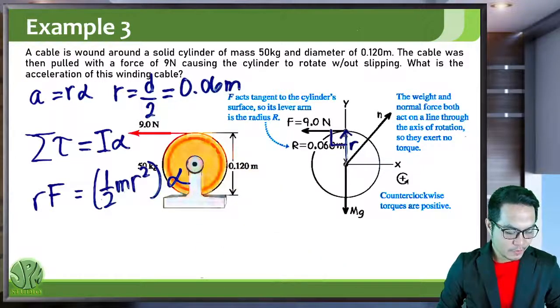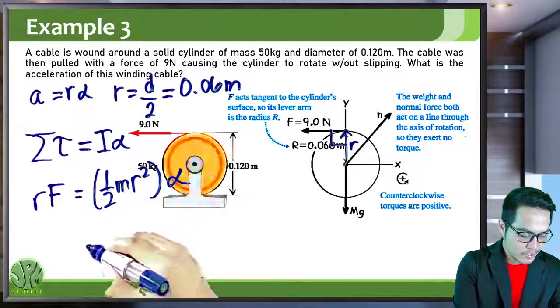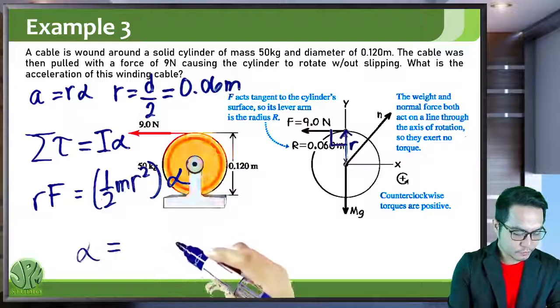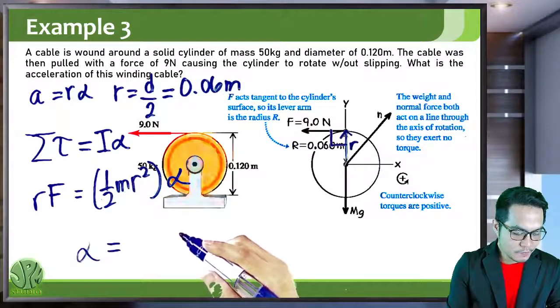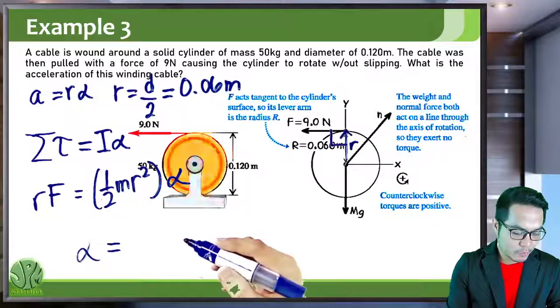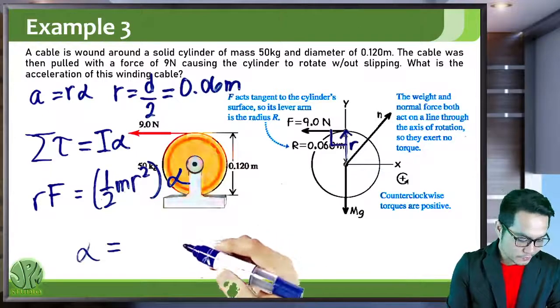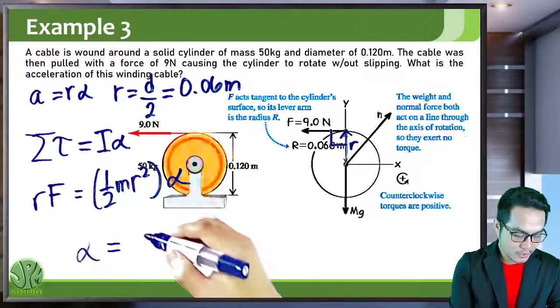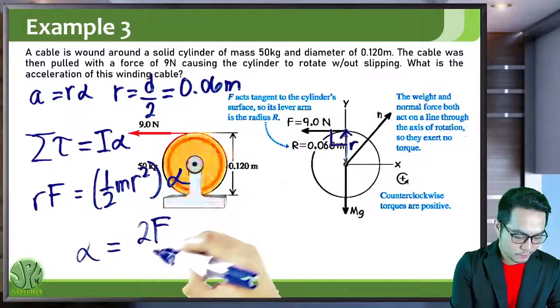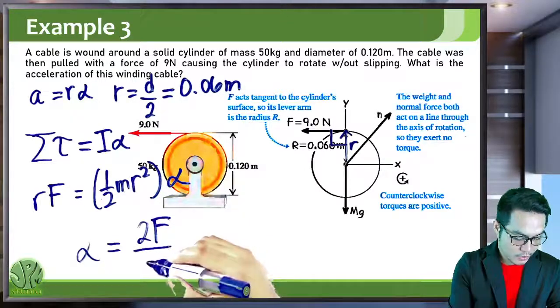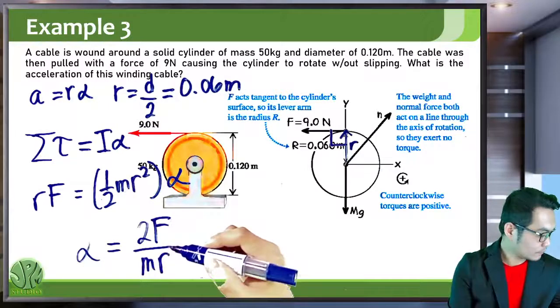Okay, so from here on, we can now solve for alpha. Divide both sides by r. Divide both sides by 1/2 m r squared, and you will get 2F over m r.